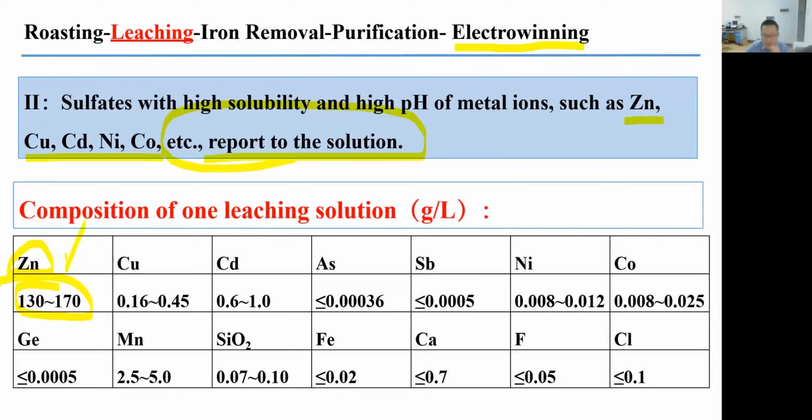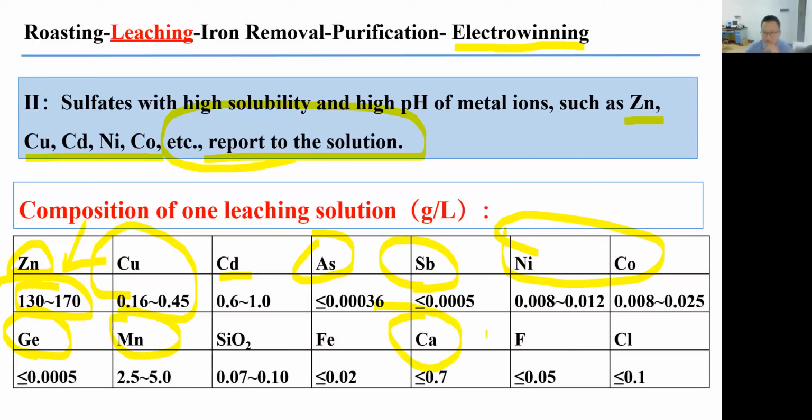And besides this zinc, we also have some amount of copper cations, some cadmium, and some toxic arsenic, some critical elements and antimony, some energy metals, nickel and cobalt, some treasured critical metals, germanium, and manganese, and calcium.